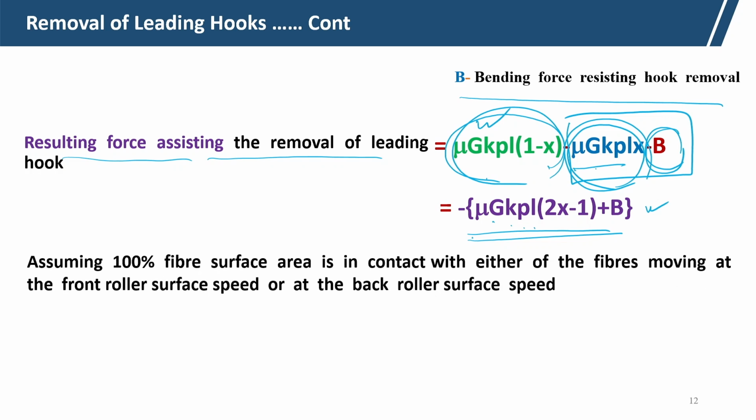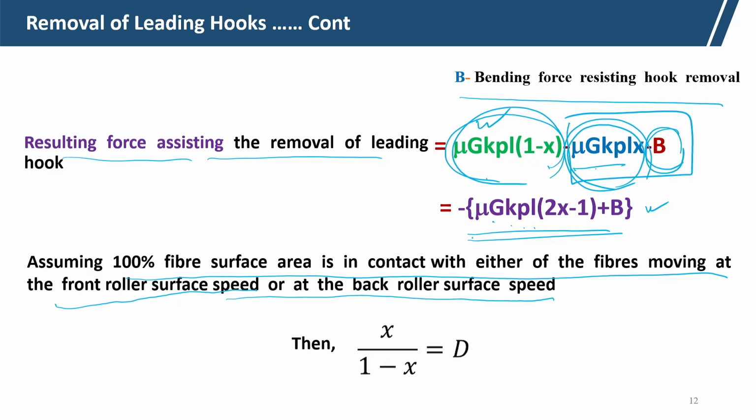Now, assuming 100% fiber surface area in contact with either fast moving fibers from the front roller surface speed or at the back roller surface speed. So, if we assume there is 100% contact, then x by 1 minus x will be d.